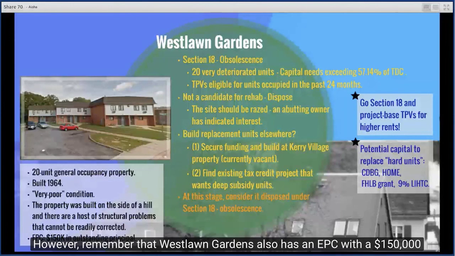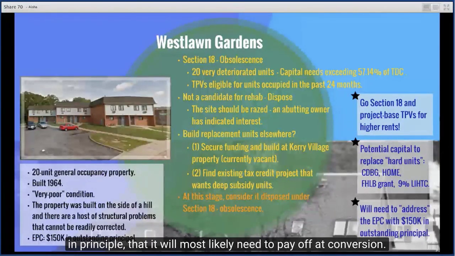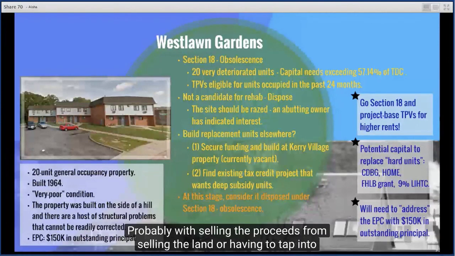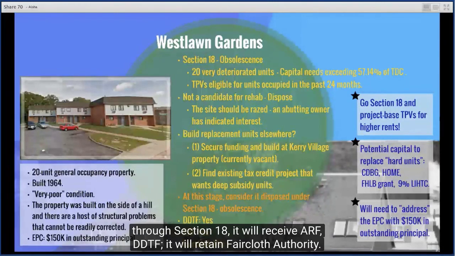However, remember that West Lawn Gardens also has an EPC with $150,000 in principal that it will most likely need to pay off at conversion, probably with the proceeds from selling the land or by having to tap into the existing public housing operating reserves. If the PHA removes the units through Section 18, it will receive ARF, DDTF, and will retain Faircloth Authority.